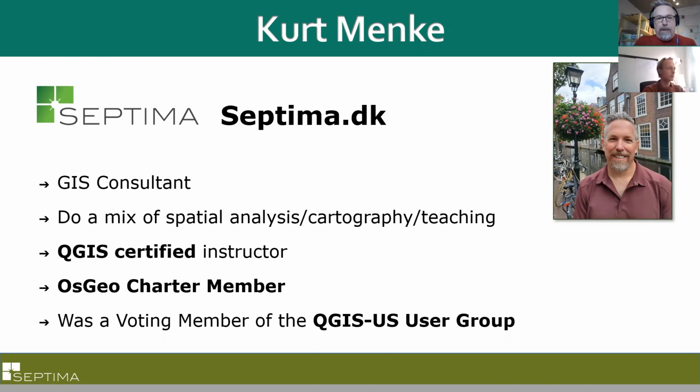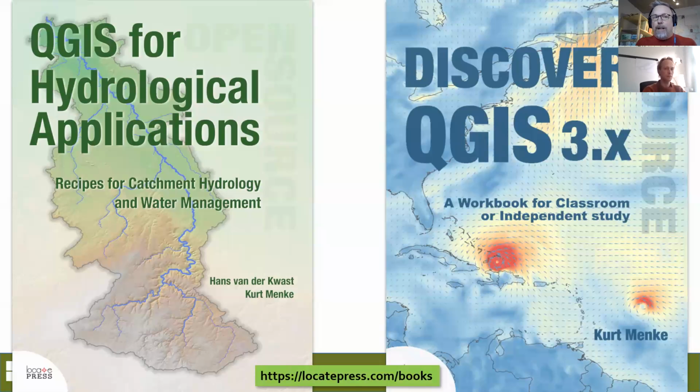And I'm also a QGIS author, so I have written several books on QGIS. QGIS for Hydrological Applications, on the left, is Recipes for Catchment Hydrology and Water Management. So it's a book specific to that field, but it does also include a lot of data visualization techniques, some of which we'll cover in this course. The book on the right is probably of more interest to people taking this course, Discover QGIS 3.x.